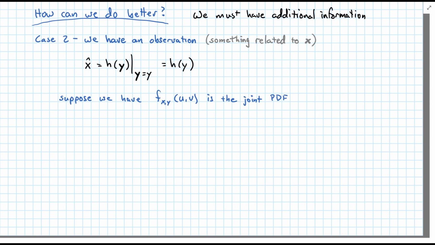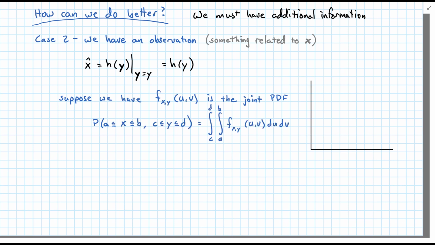So the joint PDF can be expressed as a 2D function, and this function may look something like, who knows what. I'm drawing some contours here.